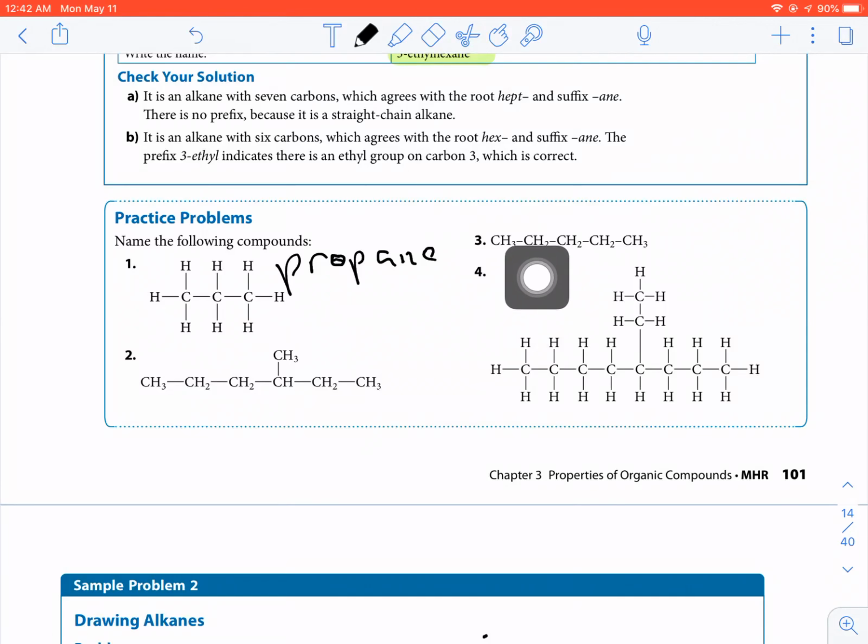Remember, carbon has 4 valence electrons, which means 4 bonds. So it's going to form 2 bonds to carbon and 2 bonds to hydrogens. So this molecule with 5 carbons, you may already remember, means pentane.